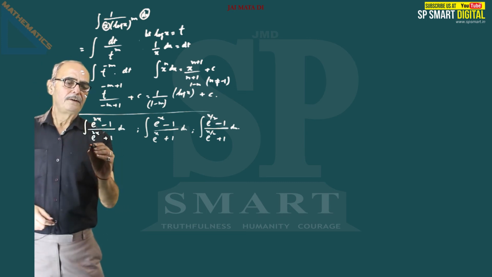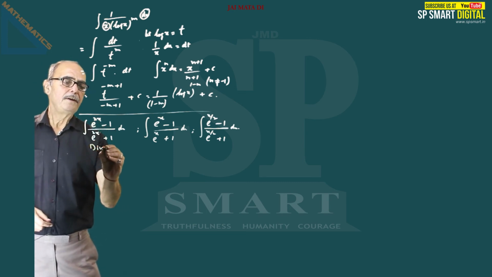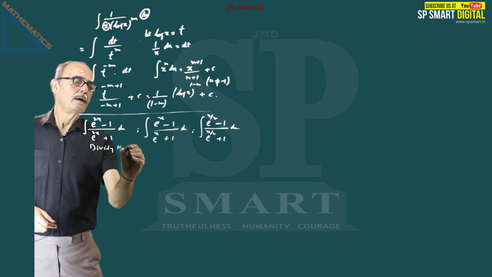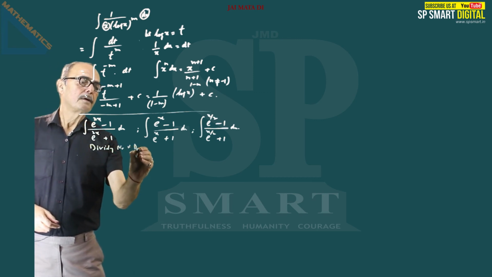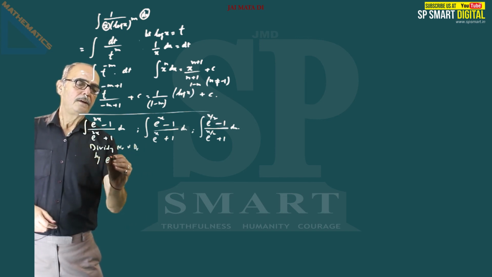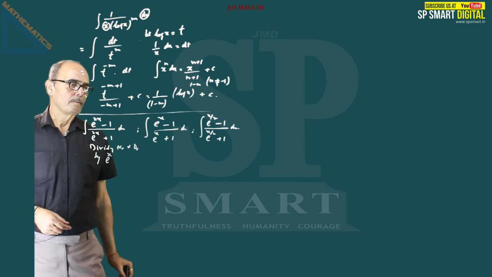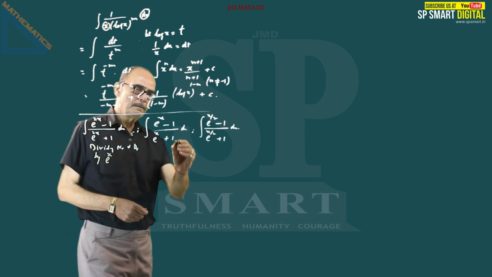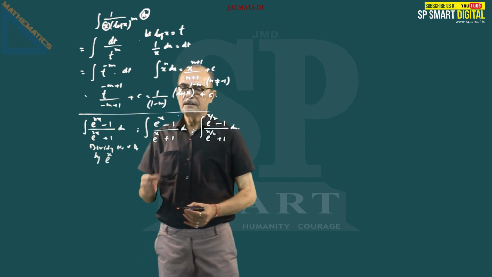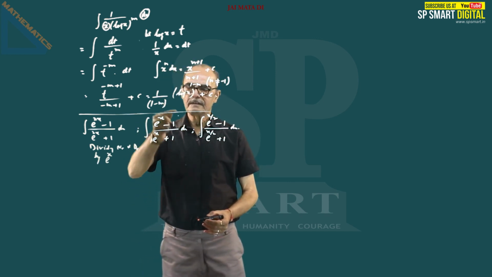So, we are dividing numerator and denominator by e raised to power x. But if you take up this problem, in the middle one, here the power of e is x.